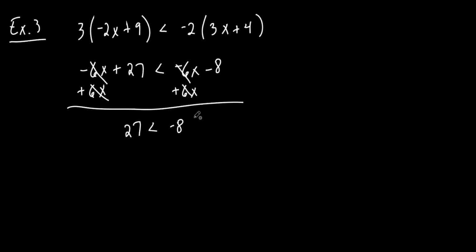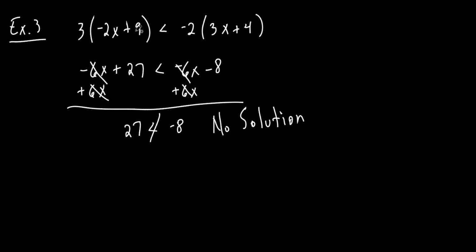But what's really weird is this. Look what I'm left with. It says 27 is less than negative 8. Is that true? Is 27 less than negative 8? No, that's not true. Would you agree? So not true. So when you come out with this and you get an untrue statement right there, we say that there's no solution.